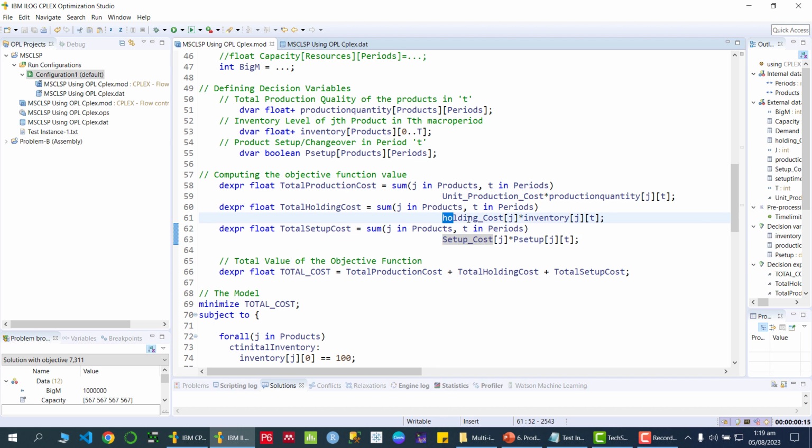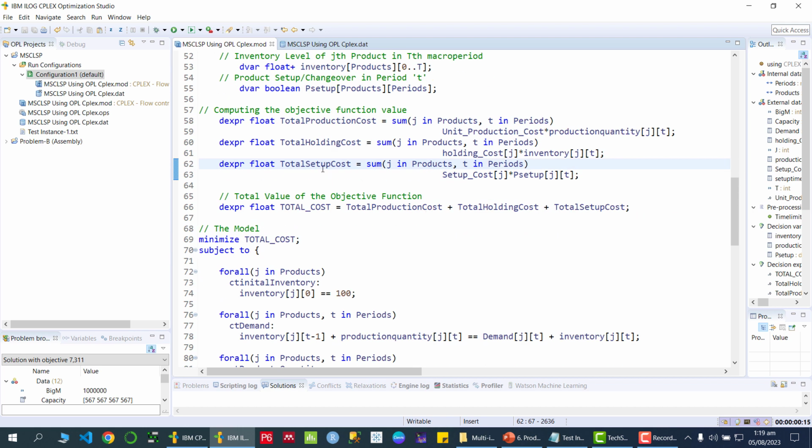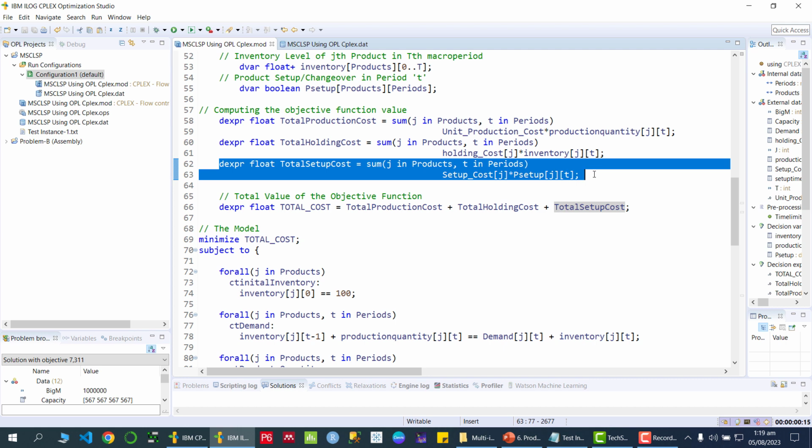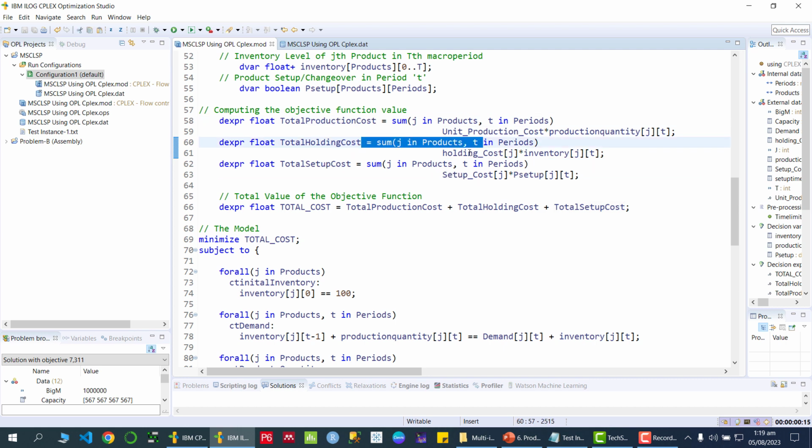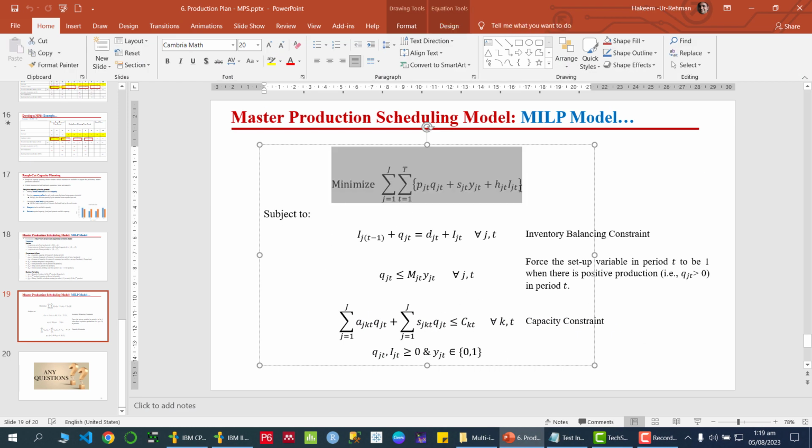That's why I'm saying holding_cost j multiplied by the inventory variable, with t in periods. The next one is the total setup cost, like the production cost and the holding cost, and at the end we need to sum it up.